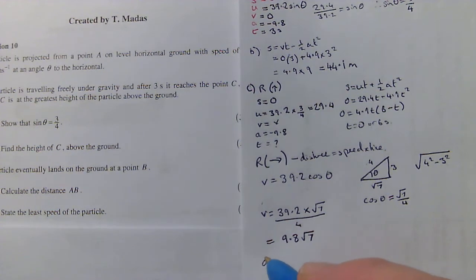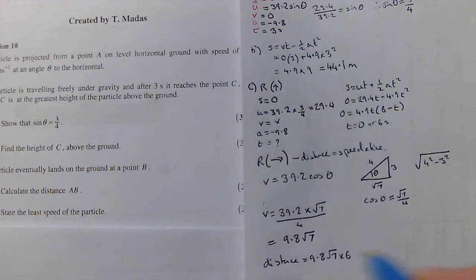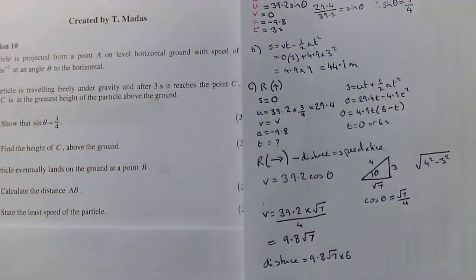So distance equals 9.8 root 7 times 6, which gives you an answer of 156 metres.